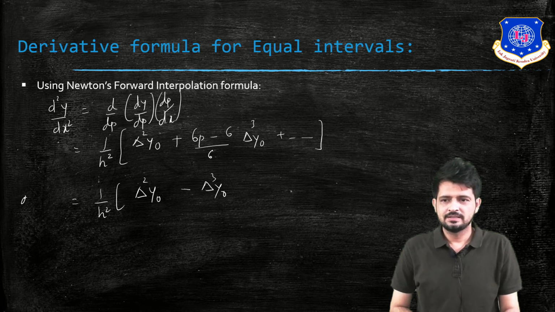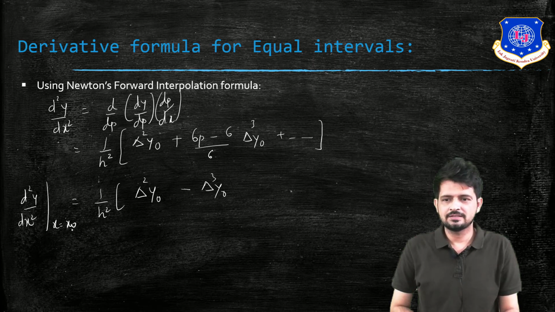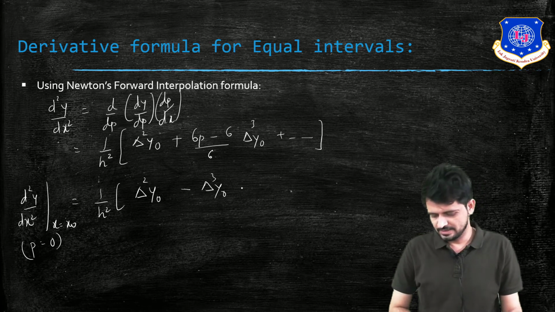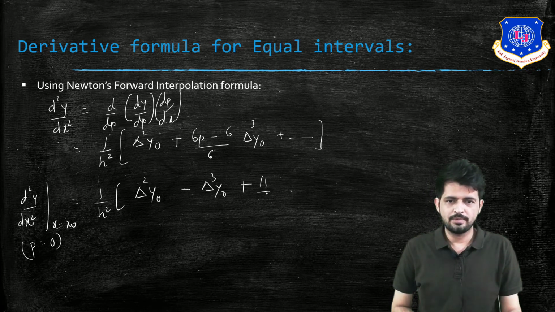Okay, this is the formula for d square y by dx square at x is equal to x0. See, for x is equal to x0, p will be 0. Okay, so by replacing p is equal to 0, it can be written like this: del square y0 minus del cube y0 plus, see, you have to remember these steps and formulas.